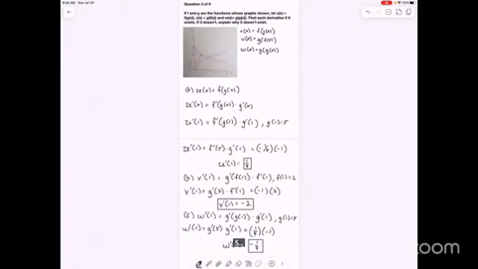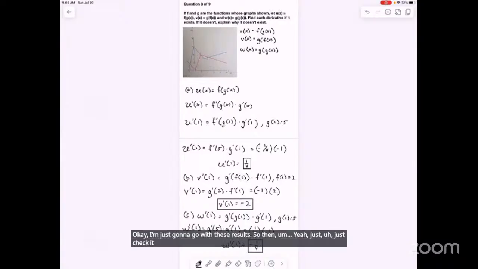So then f prime of 5 times g prime of 1. Okay, I'm just going to go with these results. Check it, and if anything looks out of order, just let me know, and we'll go back and fix it.